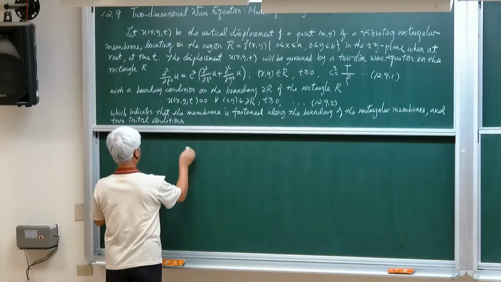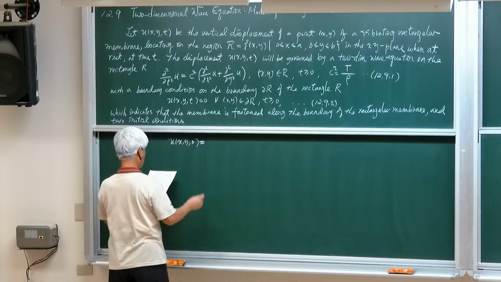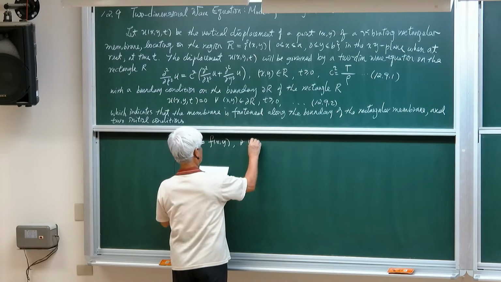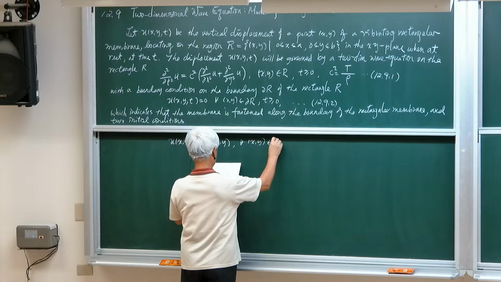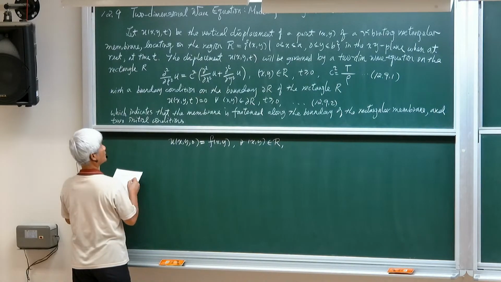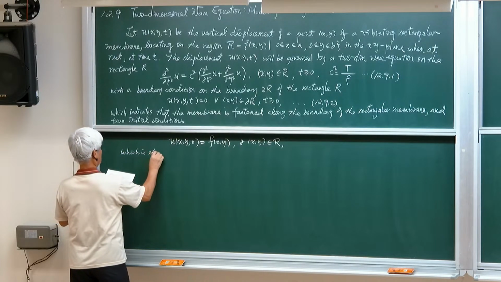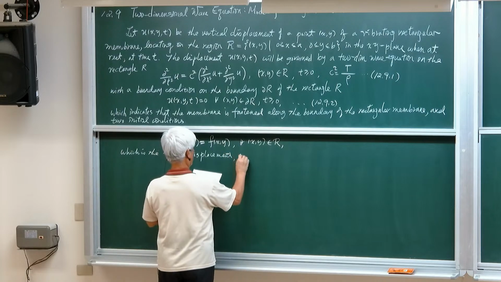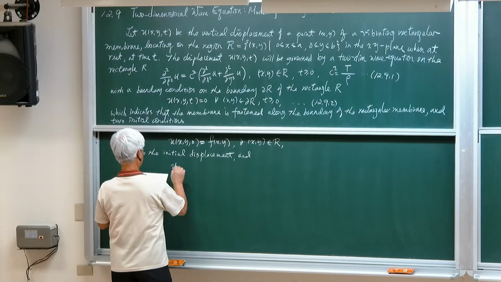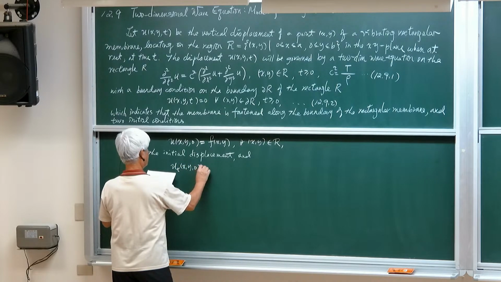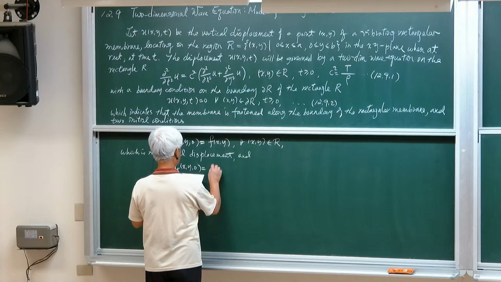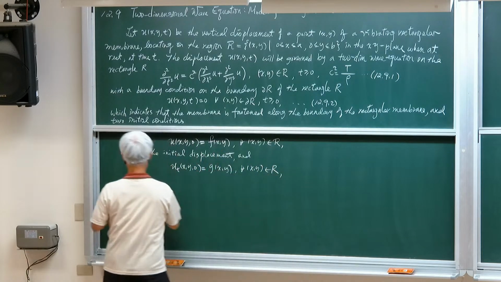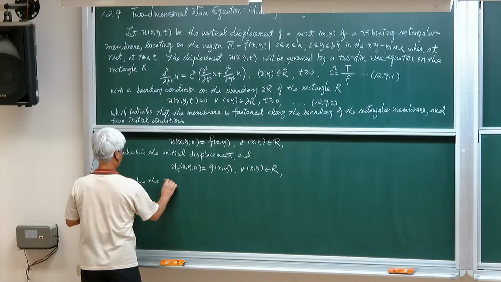One is that the initial displacement at time 0 is equal to f of x y, which is the initial displacement, and the partial derivative of u with respect to t, u sub t, is equal to g of x y at time equal to 0, which is the initial velocity.